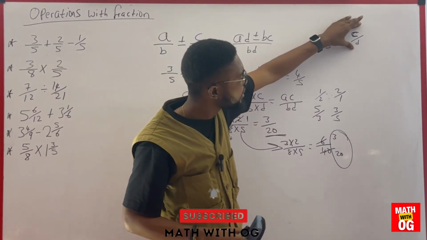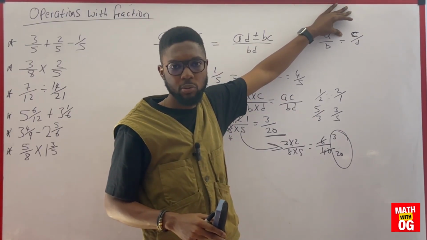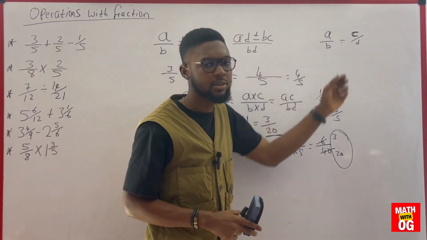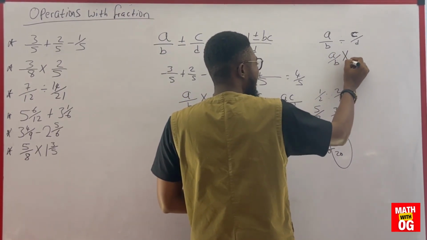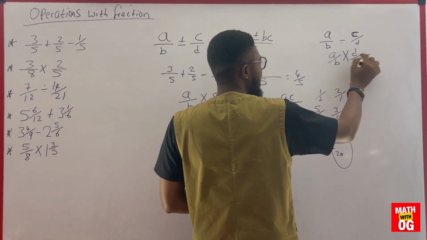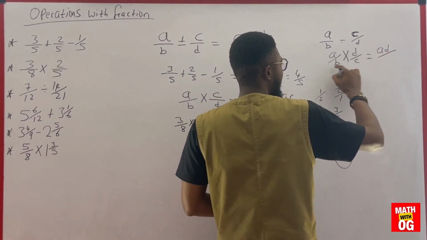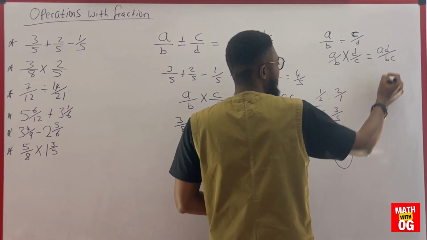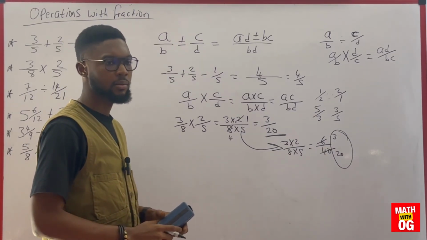So the fraction after the division sign will be inverted when the sign is changed to multiplication. So a over b dividing c over d is simply a over b multiplying d over c. Now you can simply do a times d, that is ad, and b times c is simply what? bc. So that's that for that.